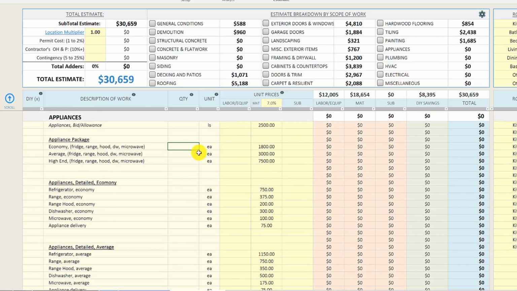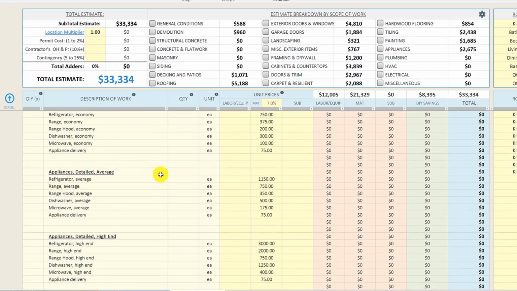So you could just plug in an appliance package here, and say 1 times 1,800. So we've got $1,800 budgeted for our appliances. I'm going to increase that to $2,500, which should get us a nice stainless steel refrigerator, a range, a microwave and a dishwasher. So we've got $2,500 allocated for our appliances here.